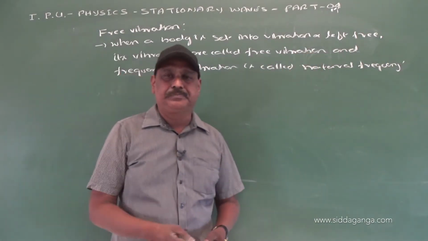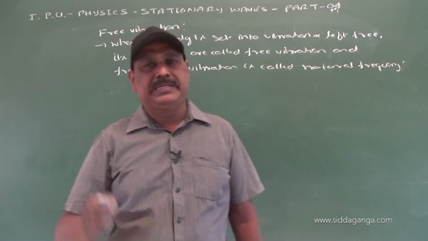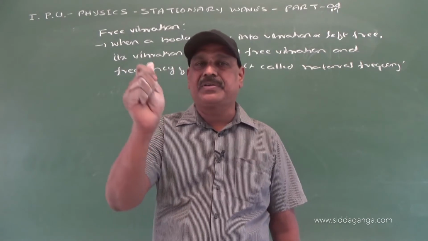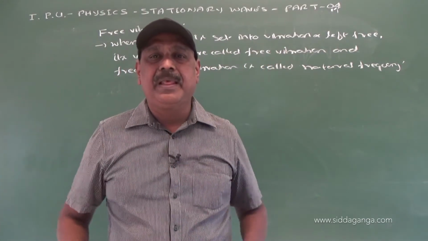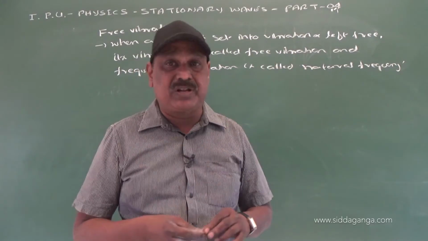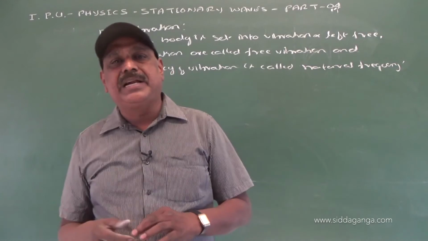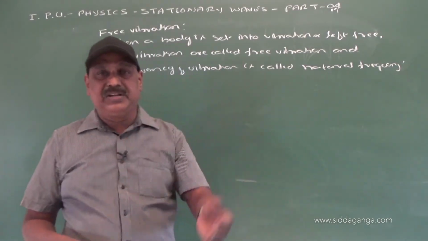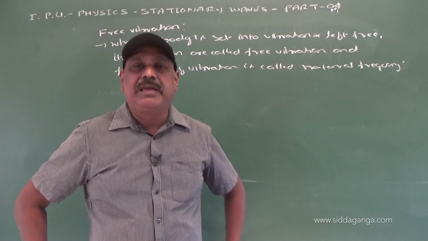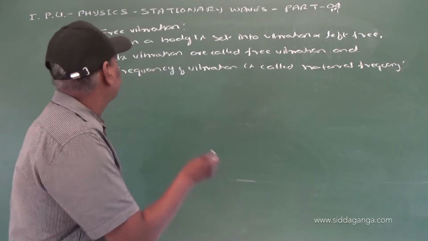For example, when a tuning fork is set into vibration and held by the stem, it executes free vibration and its frequency is the natural frequency. When a simple pendulum is set into oscillation and left free, the oscillation is called natural vibration and the corresponding frequency is called natural frequency.